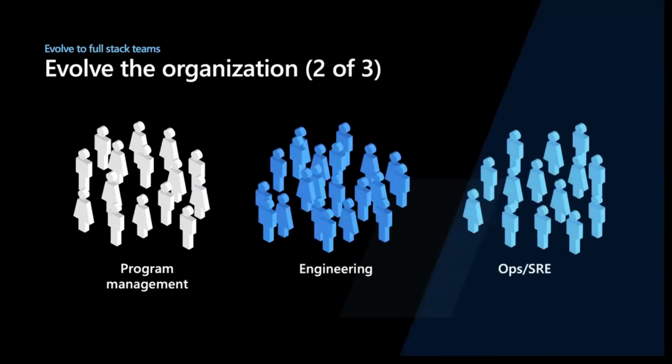But we need to start breaking down those silos. So the first step was bringing developers and testers together into a central engineering function. Maybe central is the wrong word there, but a unified engineering function, let's say. But then we still had program managers, and we still had ops and SRE as well.